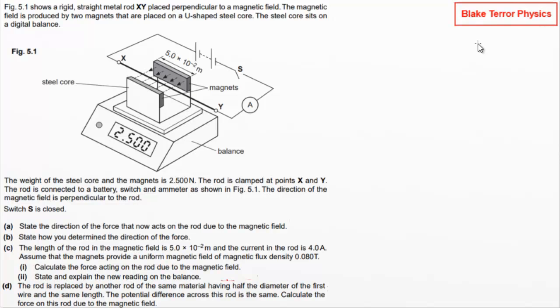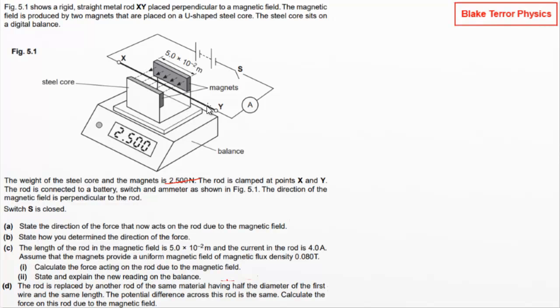I think this is the last one. Pretty sure I had 3 on this. Figure 5.1 shows a rigid straight metal rod XY placed perpendicular to a magnetic field. The magnetic field is produced by these two magnets placed on a U-shaped steel core, which is sitting on a digital balance. Weight of the steel core is as shown on the scales.